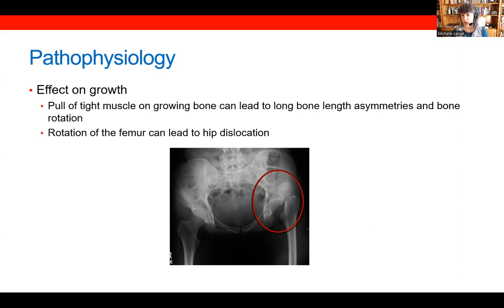So we have a child who is quickly growing. Perhaps they've hit puberty and there's a large growth spurt, and the muscles are pulling on those growing bones and will influence what happens.